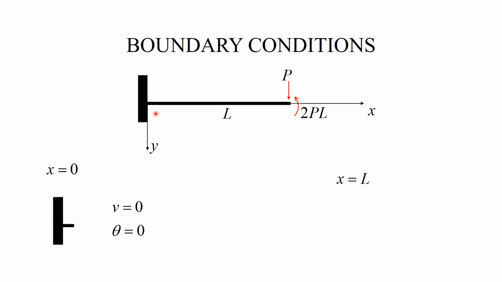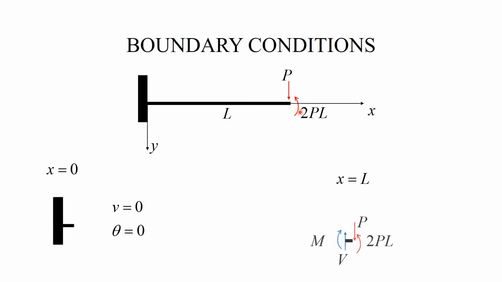At x equal to L, I look at this small neighborhood near the endpoint, and what I see, of course, is the applied force P and the applied couple 2PL, but I need to say something about the shear force and the bending moment.